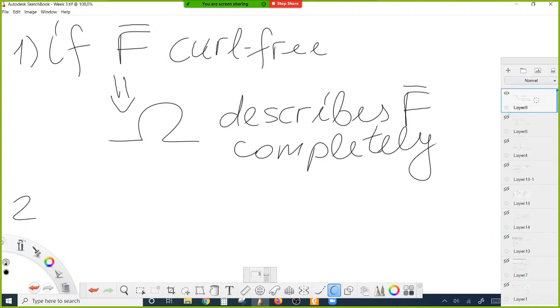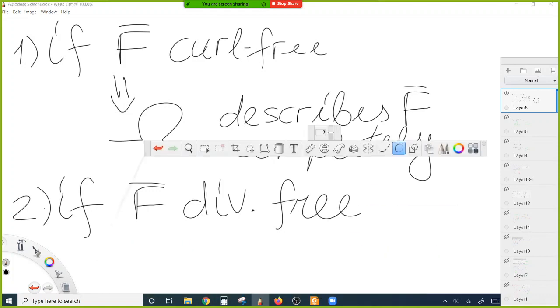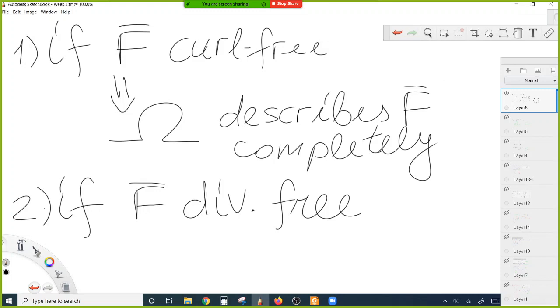Second, if our vector field f is divergence free, we can define a vector potential.